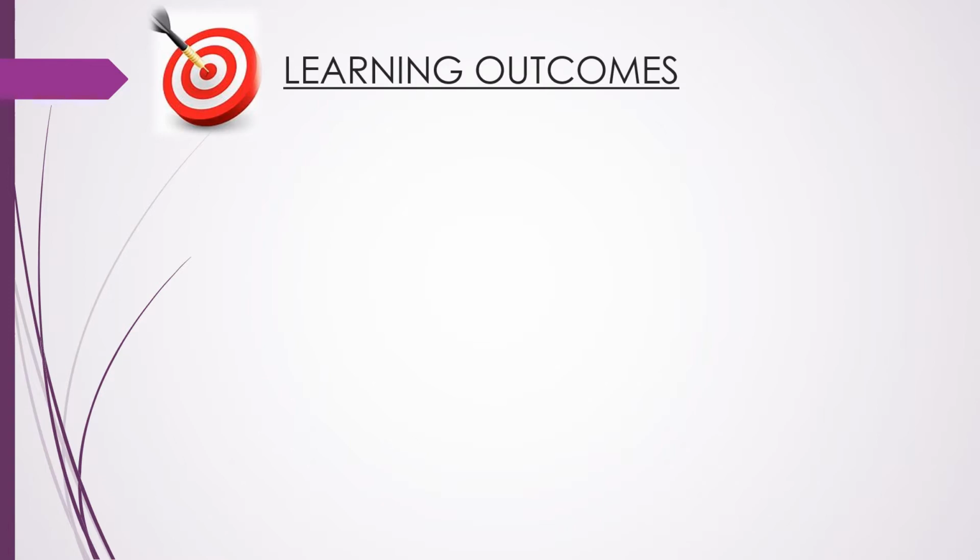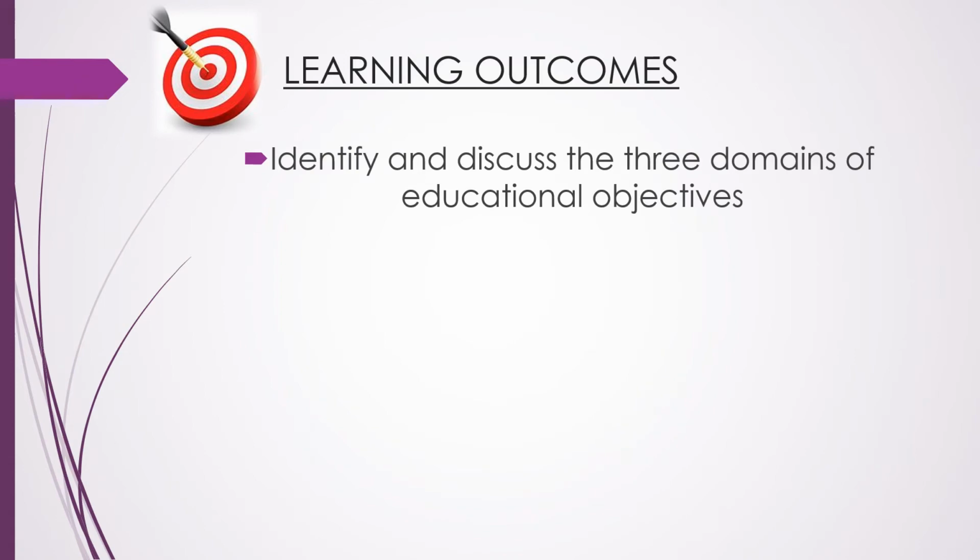So at the end of this video presentation, you should be able to identify and discuss the three domains of educational objectives. It is expected of you at the end of our lesson that you can identify the domains of educational objectives and discuss or explain them in your own understanding.